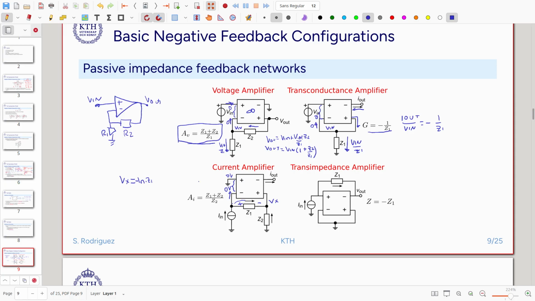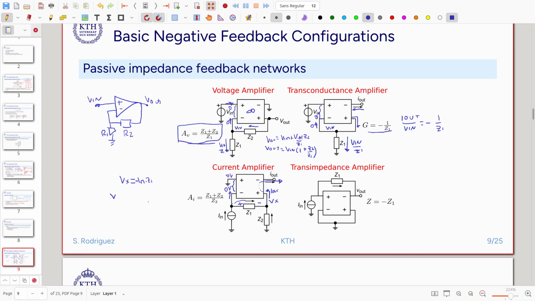Okay, it will be a minus sign here because this is 0 volt. So we have Vx, and now we can calculate what is the current that flows here, and then we do know the analysis there. This current is also going to be E out. This current flows inside the amplifier and goes out like this with the same sign.